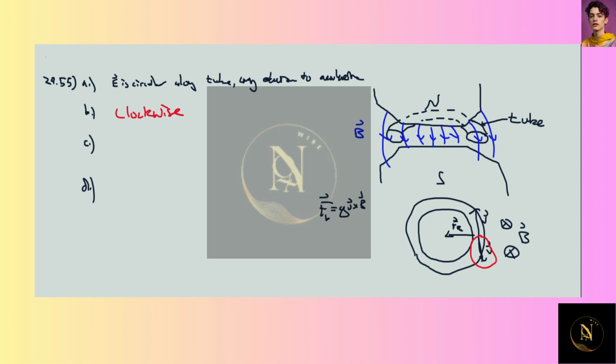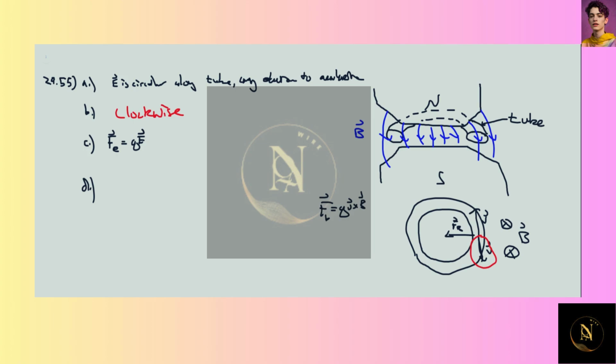So part C now asks, should B increase or decrease to accelerate the electrons? Well, the force from the electric field on the electrons is just Q times the electric field. Since we have an electron, Q is negative, so we need the electric field to be going in the opposite direction to the force.